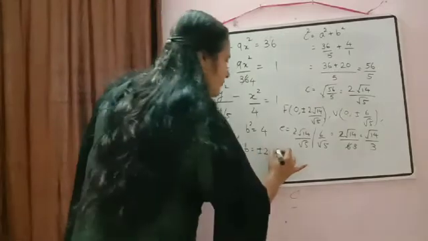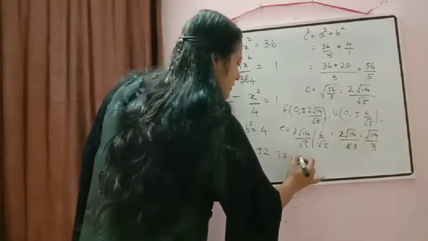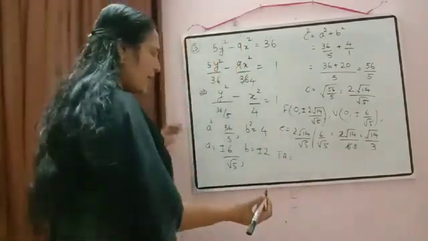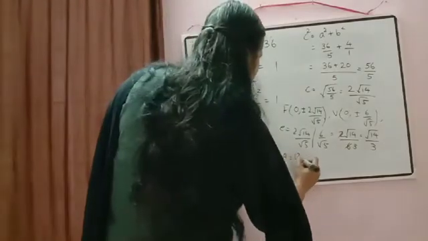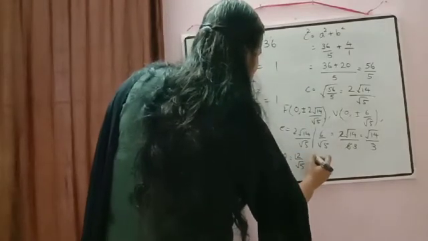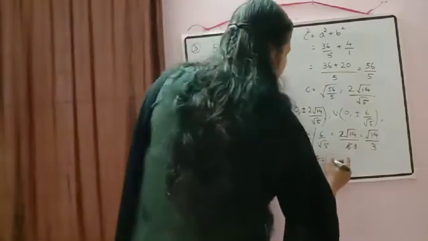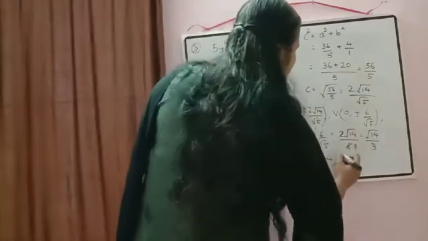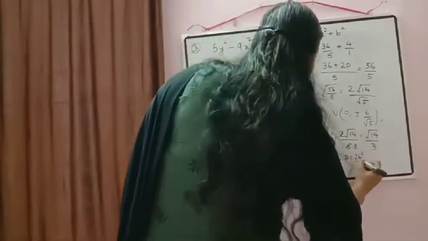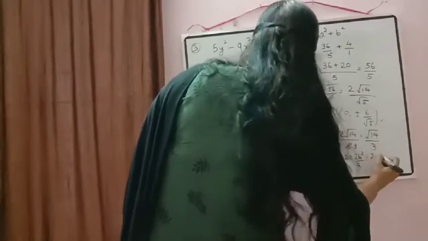Then length of transverse axis. Length of transverse axis is 2a. So 2 into 6, 12 by root 5. Length of conjugate axis 2b. So 2 into 2, 4. Then length of latus rectum. Latus rectum is equal to 2b square by a. So it will be equal to 2 into b square is 4 by a.